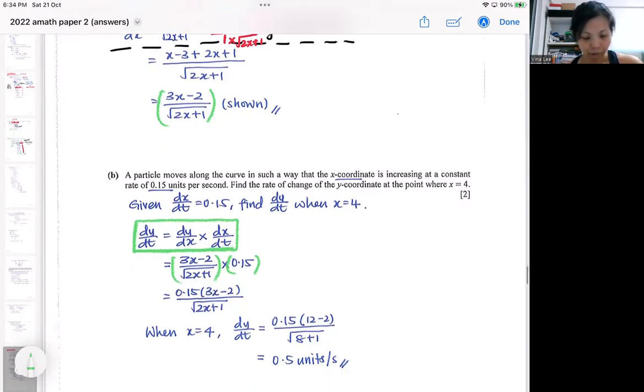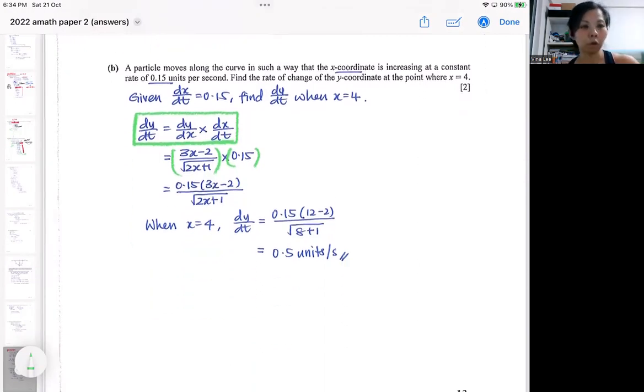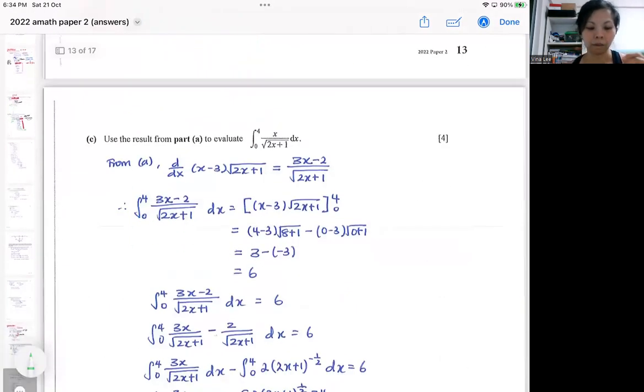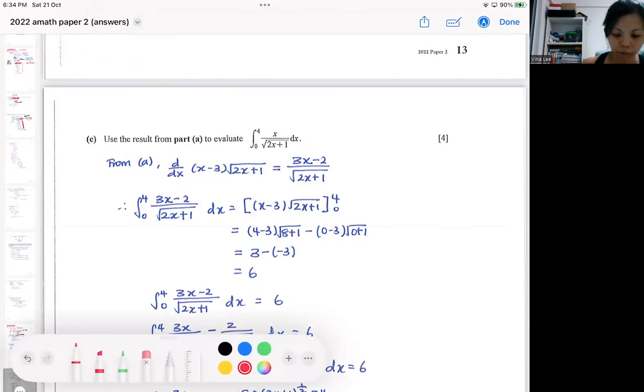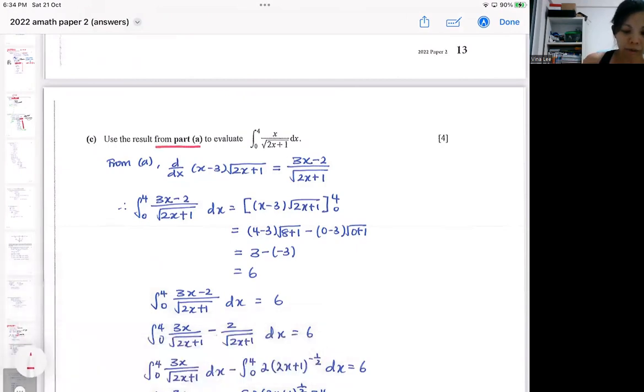Okay, the more difficult part could be using the result. Again, they bold it. So you are supposed to use the result from part A. So I hope nobody gets stuck on this. In the first part, you realize that when you differentiate a product, always write down what's the result first.